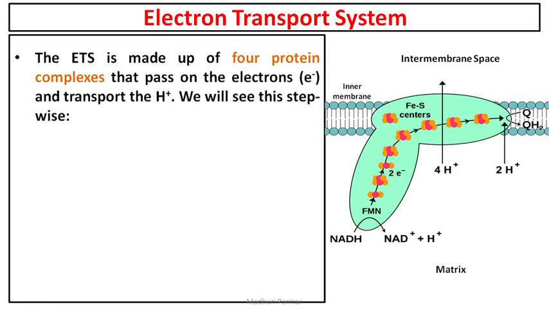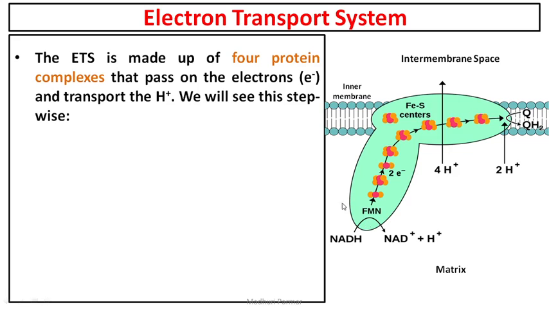The electron transport system is made up of 4 protein complexes. What does it mean by protein complexes? This is not a single protein. There can be more than 50 proteins forming this one structure, so it is a protein complex with more than 2 subunits, and more than 4 subunits are also present in some complexes.